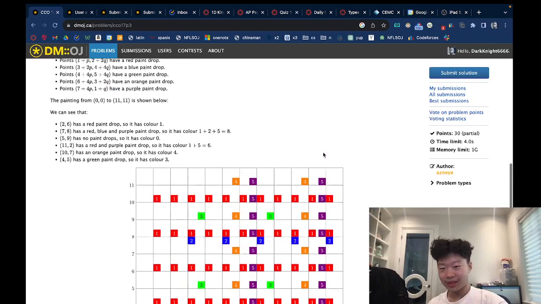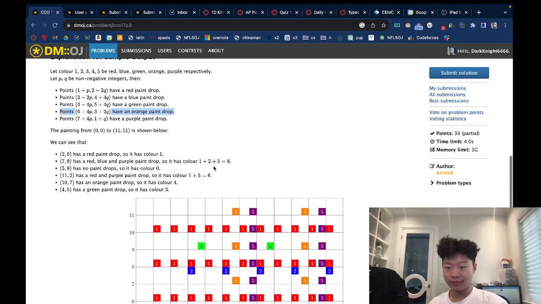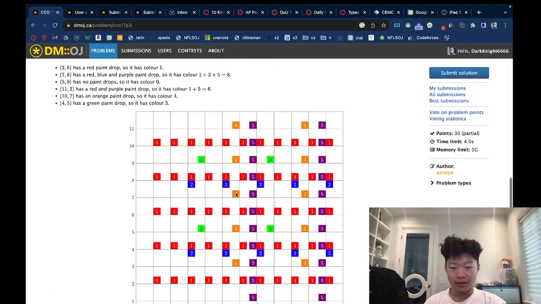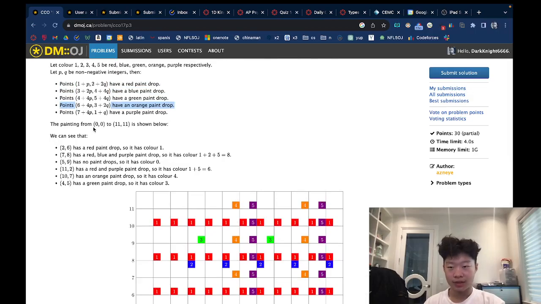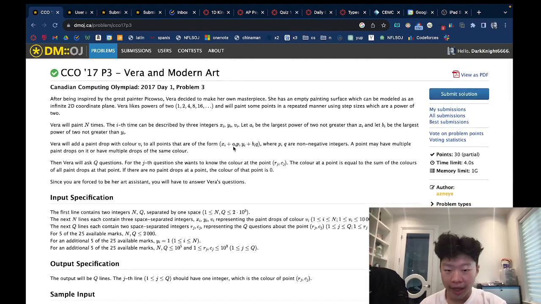So let's take the orange drop, for example. Orange drop is at 6 and 3. It starts here, right? Let's consider x first. Starting at 3, it keeps adding the largest power of two not greater than x, which in binary is its highest bit.